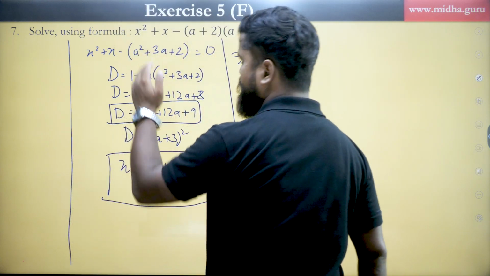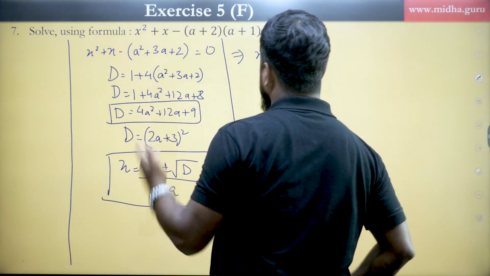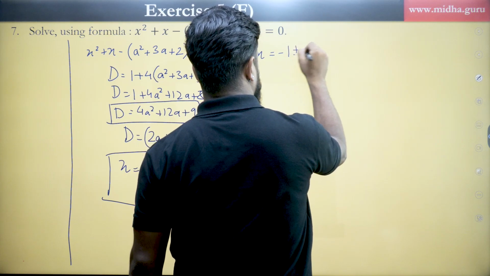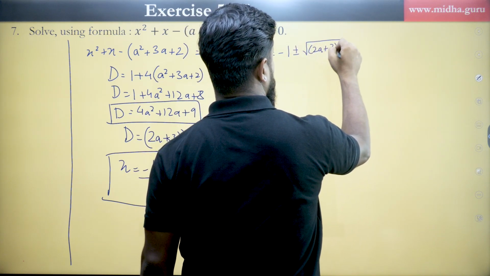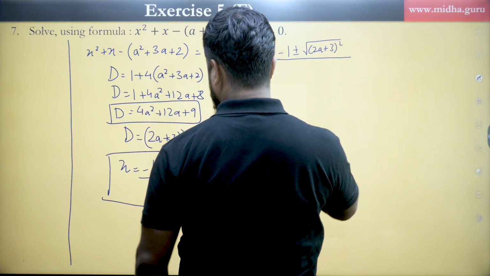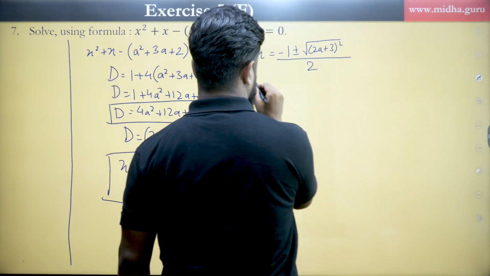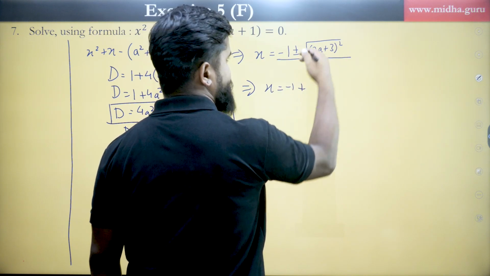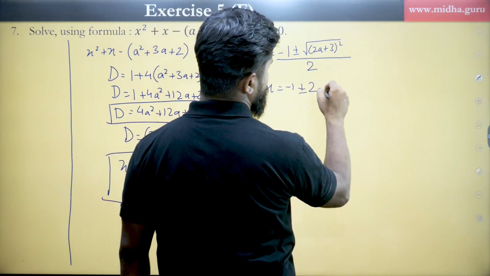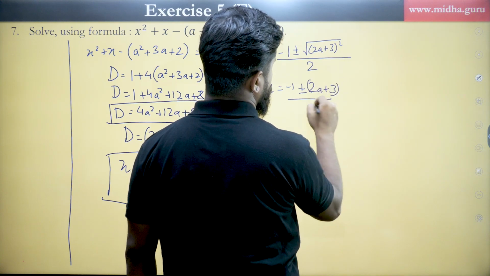So we'll do that. Since b is 1, we write minus 1 plus or minus the root of 2a plus 3 whole squared divided by 2a, since a is 1, we get 2. So x is equal to minus 1 plus or minus 2a plus 3 by 2, as we have removed the root.